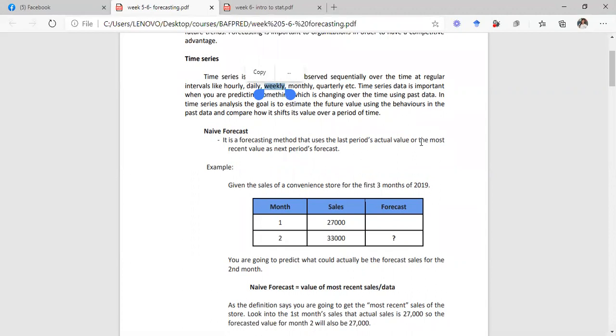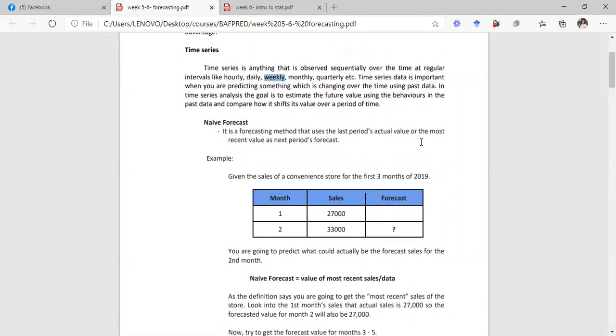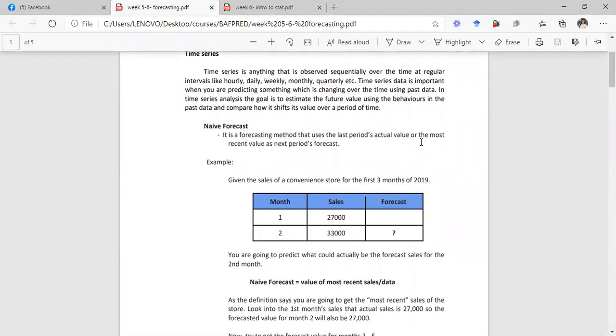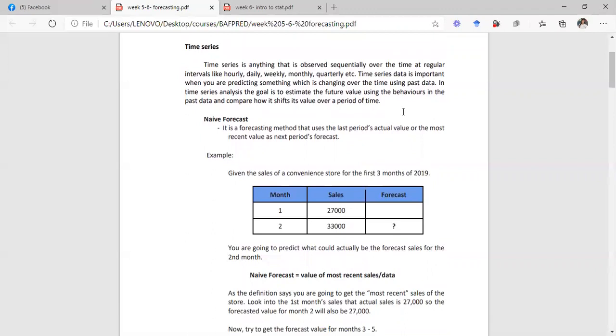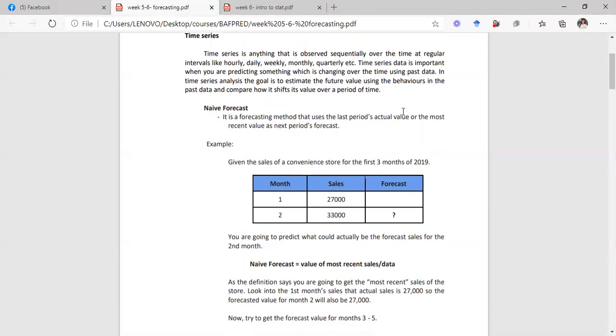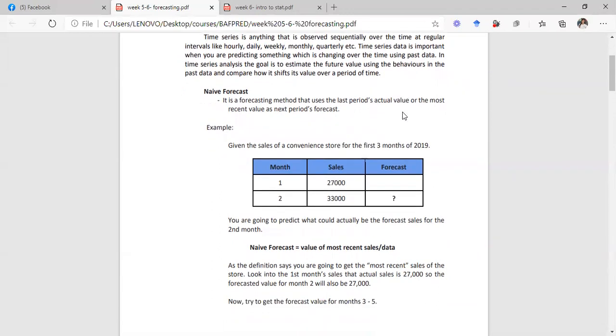Time series data is important when you are predicting something which is changing over time using past data. In time series analysis, the goal is to estimate the future value using the behaviors in the past data and compare how it shifts its value over a period of time.